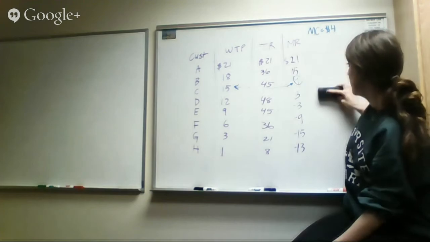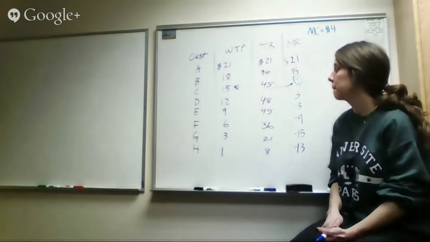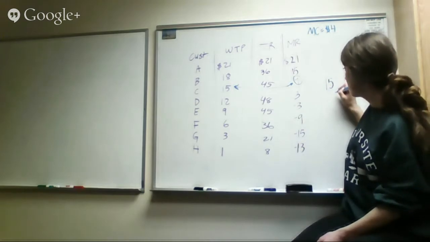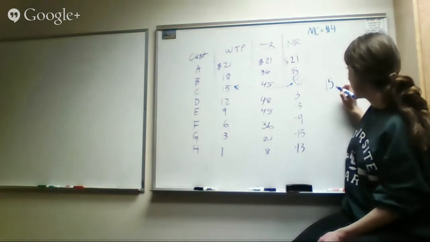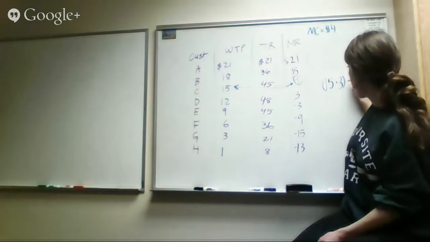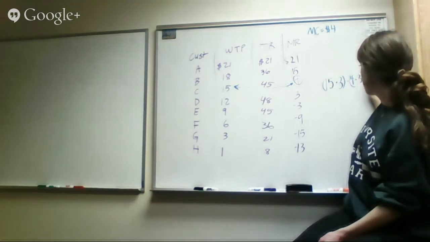Total profit is the $15 that he's going to make on everybody minus, so he's going to make $15 times 3, and it's going to cost him $4 times 3. That's the way to do it.